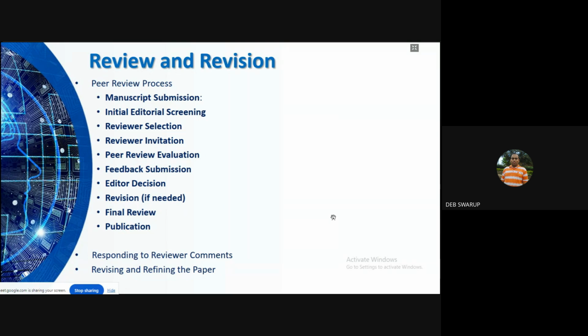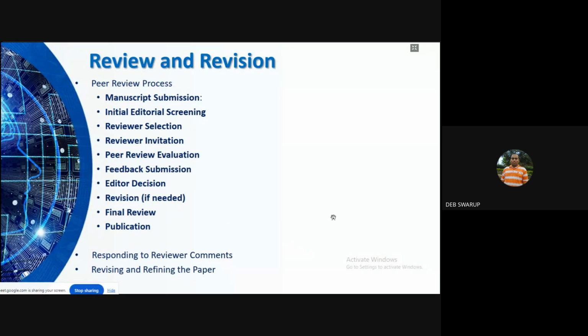Based on this particular paper, who are the reviewers for it? After reading the paper, the editor understands what criteria need to be seen. So we go for reviewer selection.